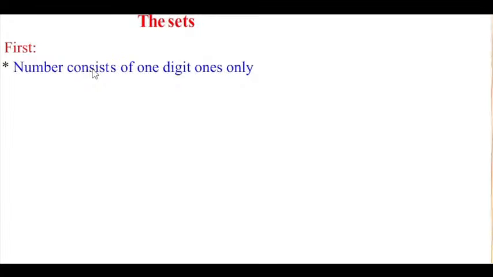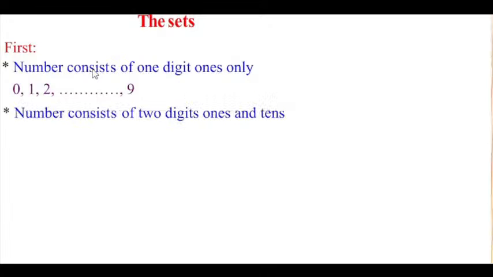Unit 1. Introduction. We studied before the numbers which were in the form of: first, numbers consisting of one digit, ones only, 0, 1, 2, up to 9.